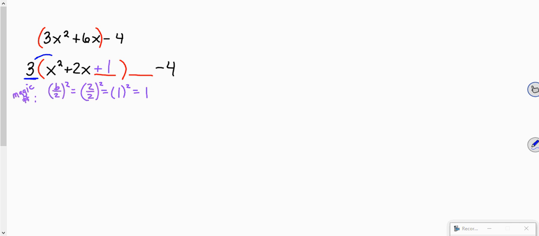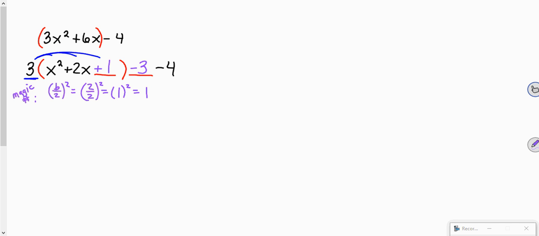So this 3, if we were going to multiply everything back out, would have to be distributed to all 3 of those terms. Okay, so really we didn't just add a 1, we added a 1 in the parentheses, but what we really added was a 3 because of the 3 on the outside. So then 3 times 1 is 3. So to counterbalance that, I have to subtract 3 out here.